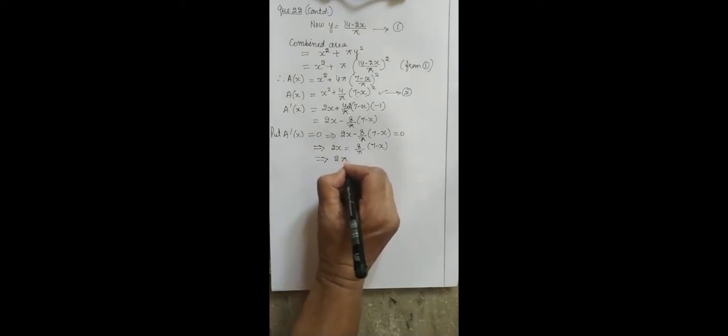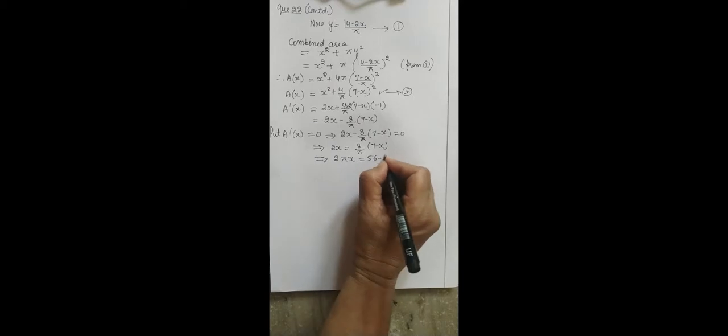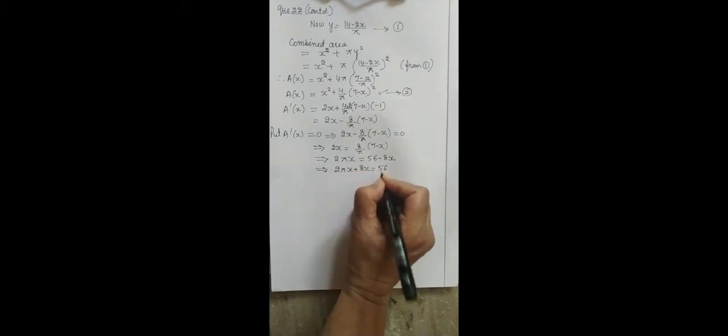Which implies 2x is equal to 8 upon pi into (7 minus x). So it will be 2 pi x, shifting pi to the left side, equal to 8 sevens are 56 minus 8x, which gives me the result 2 pi x plus 8x is equal to 56.